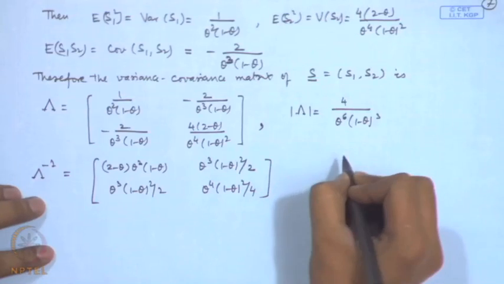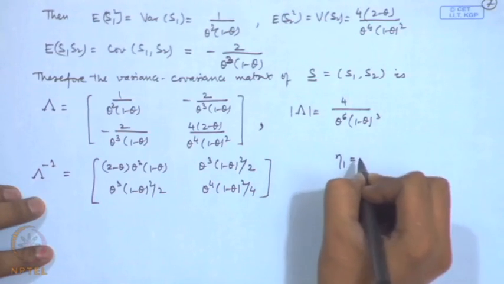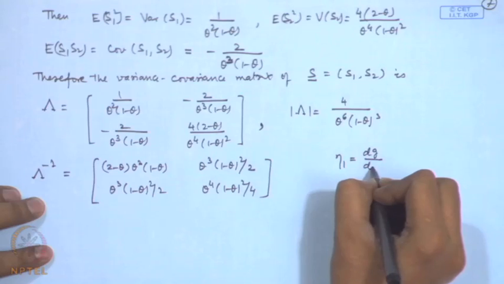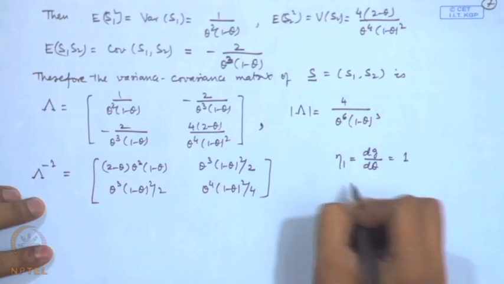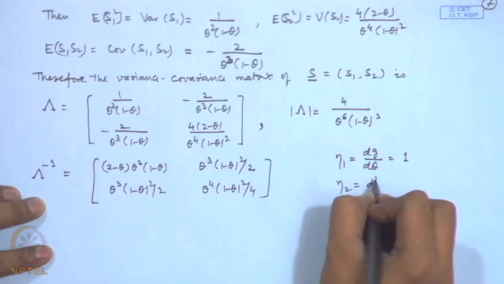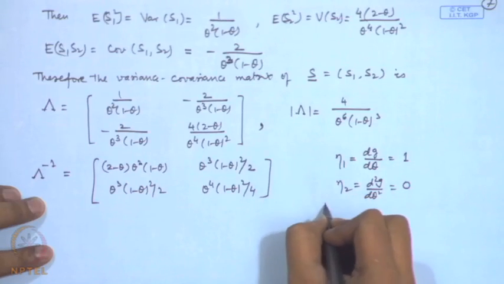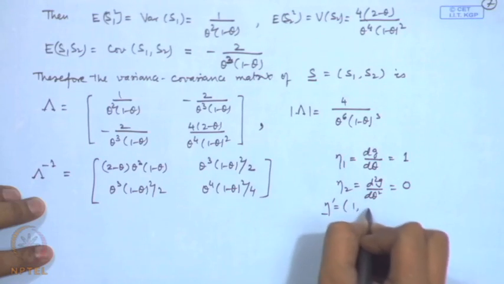We also look at what is eta. Eta 1 is d g by d theta, that is 1. Eta 2 will become d 2 g by d theta 2, that is equal to 0. So, your eta vector is 1 0.